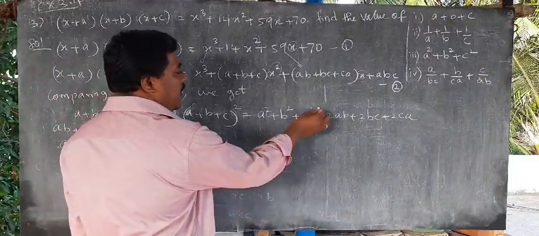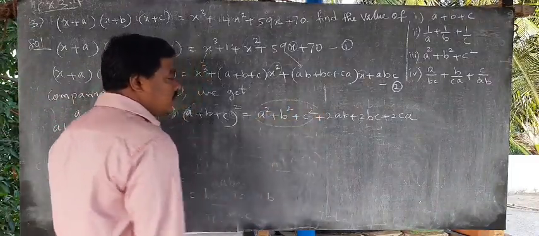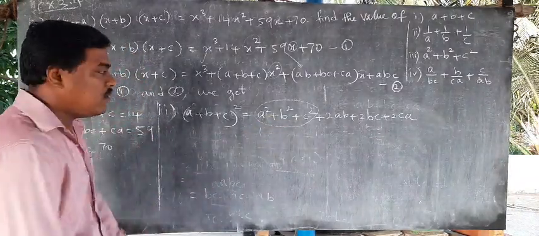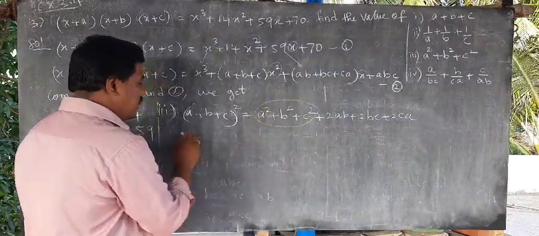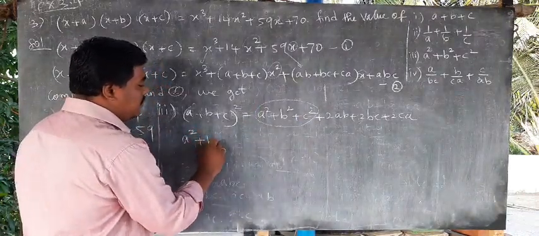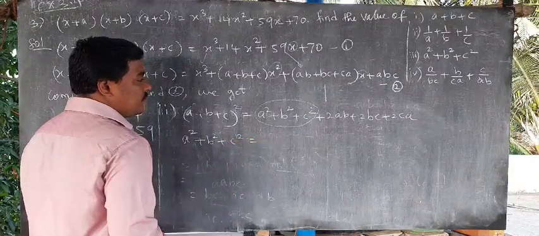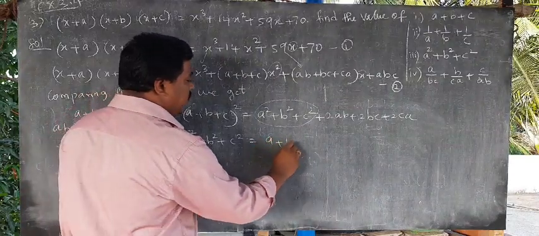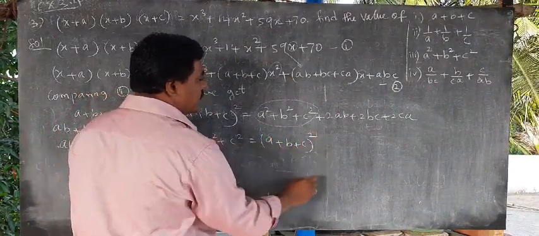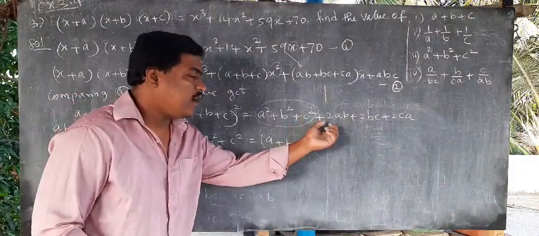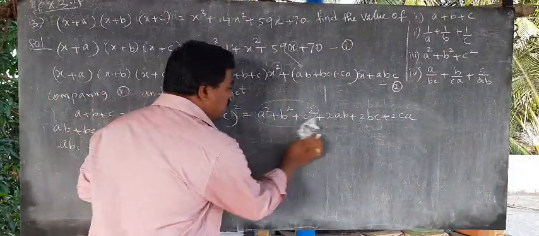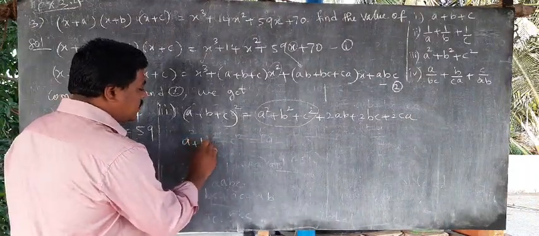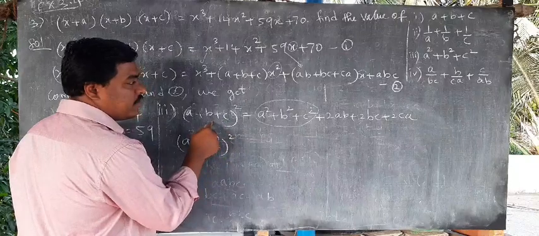So here this is the question they are asking. We need to find A square plus B square plus C square. So this one will be there, A square plus B square plus C square, and in the same place A plus B plus C whole square. If we take all the terms to this side it will confuse, so straightaway write A plus B plus C whole square.